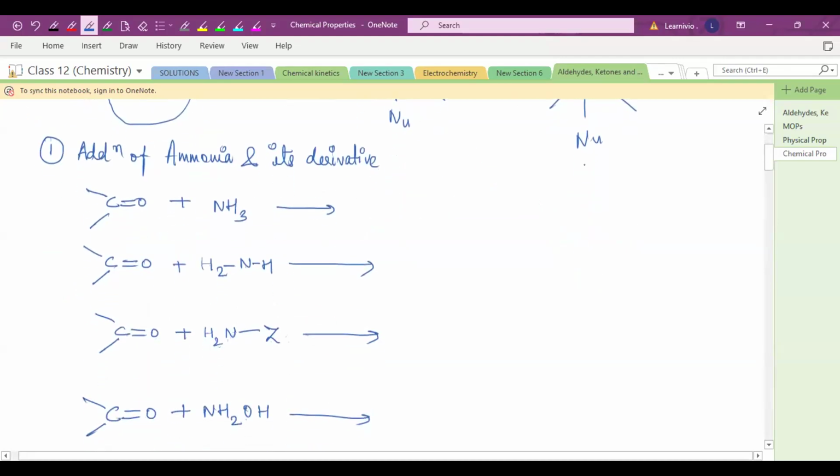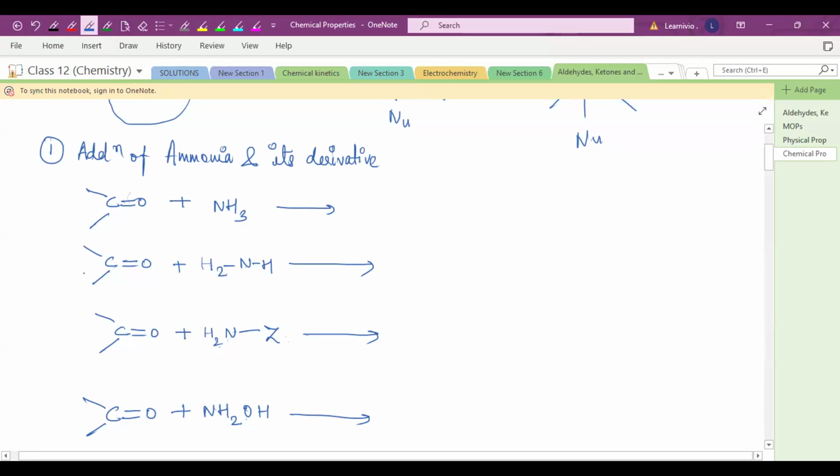Now let's see the addition of ammonia, how ammonia will add to the carbonyl compounds. So this is NH3, ammonia. What you are supposed to do is break this pi bond.